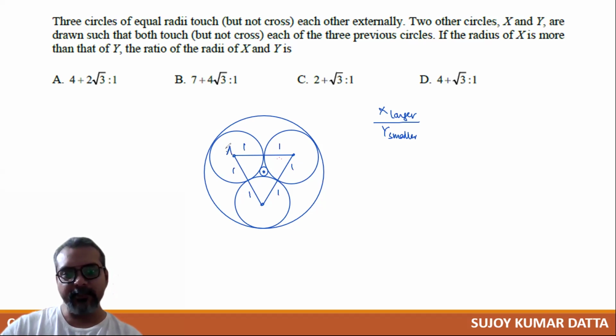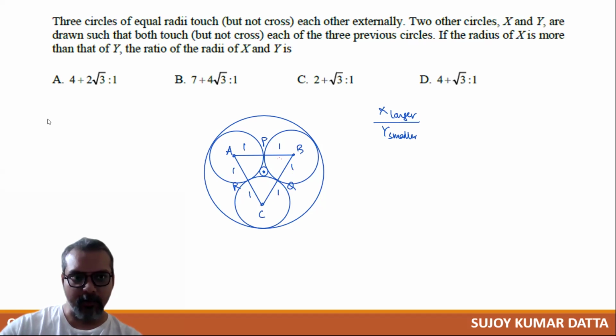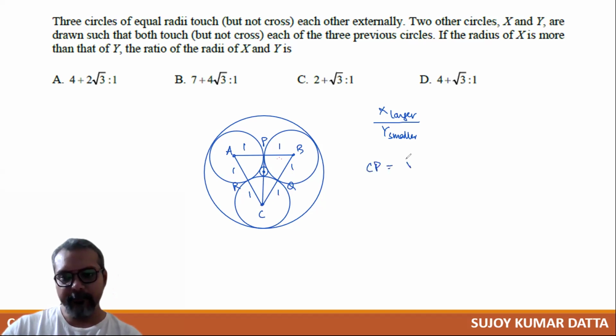So if I name this ABC and let's call this PQR and let us drop the altitude also. So now CP, that is the altitude, will be root 3 over 2 times the length of the side, which is 2.